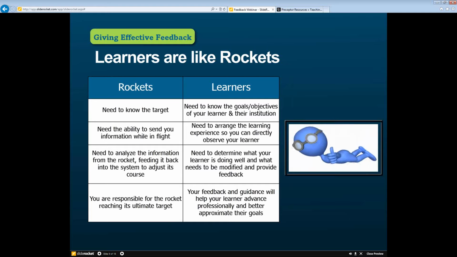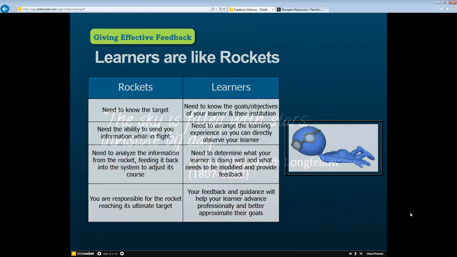Same thing, you need to determine what the learner is doing well, what needs to be modified, and how to provide that feedback. And just like the engineer is ultimately responsible for the rocket reaching its target, our feedback and guidance will help the learner advance and become a caring, competent professional, resident, medical student, PA student, you name it. So that's how I like to think about the similarities between the learners and our rockets.